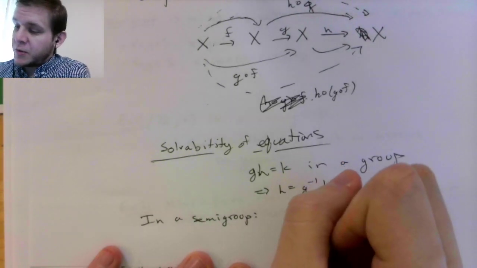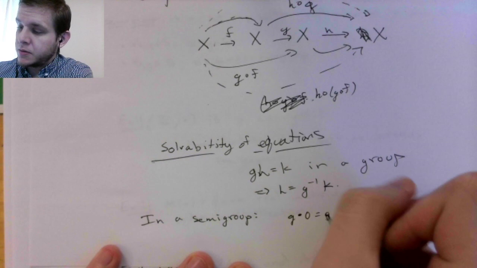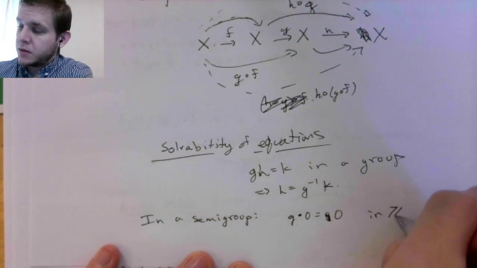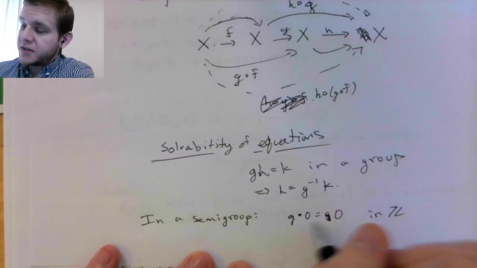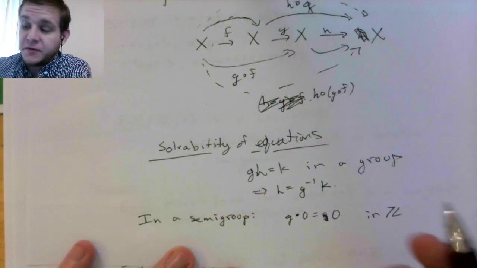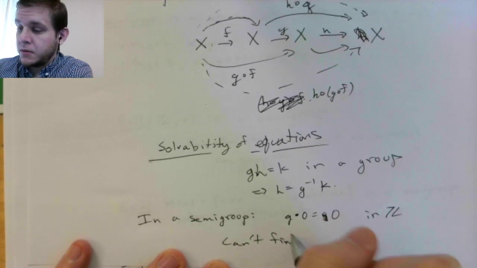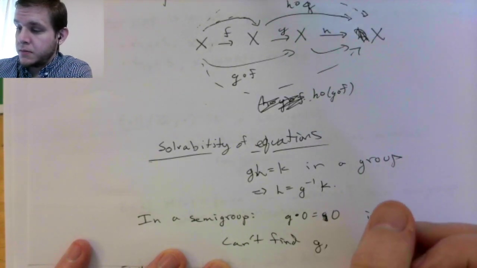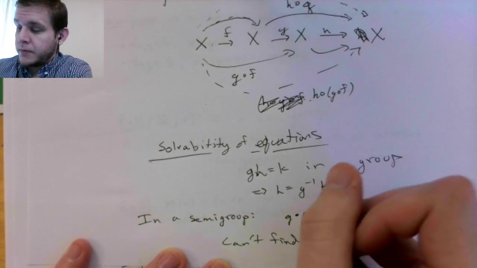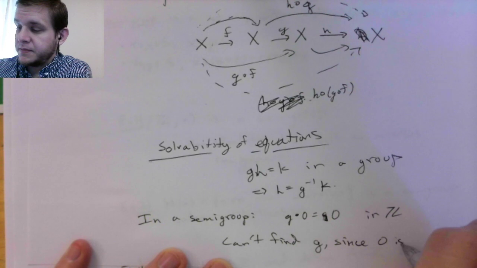So for instance, if you know that g times 0 is equal to 0 in Z, how do you find what g is? g could in fact be anything. Since 0 is not invertible.